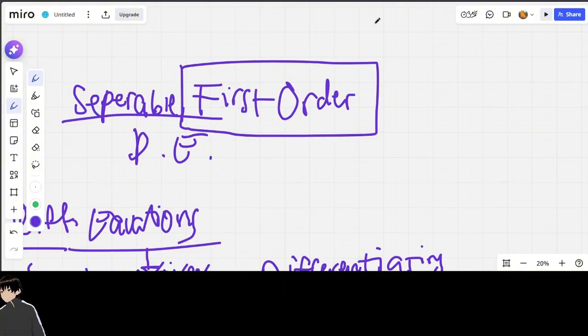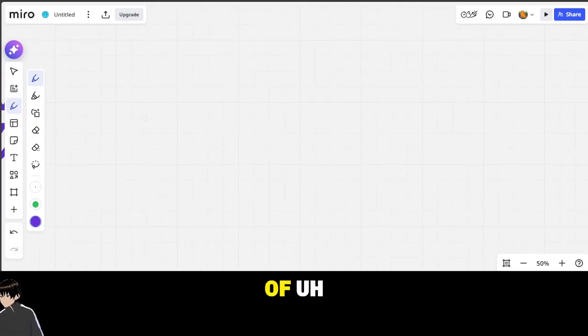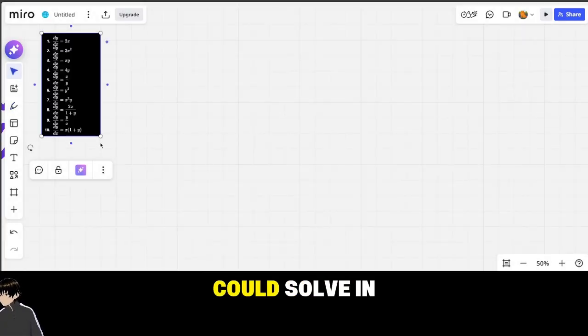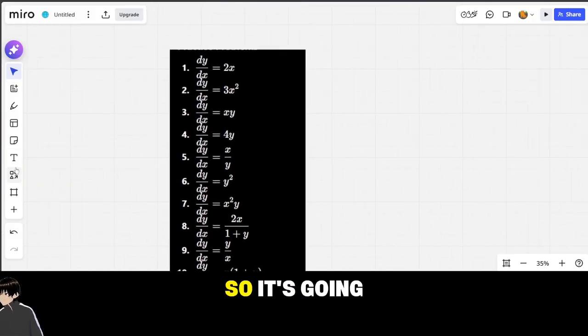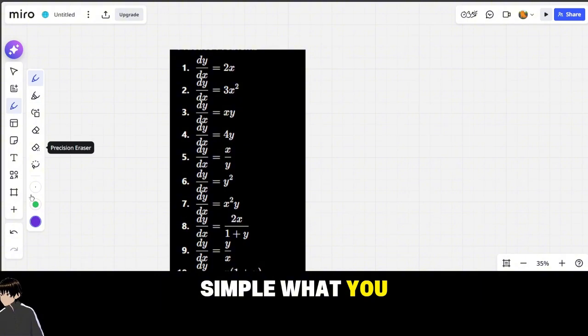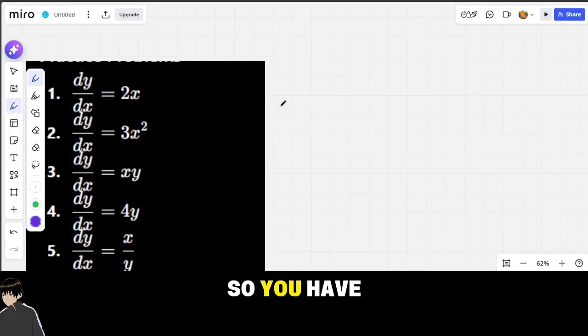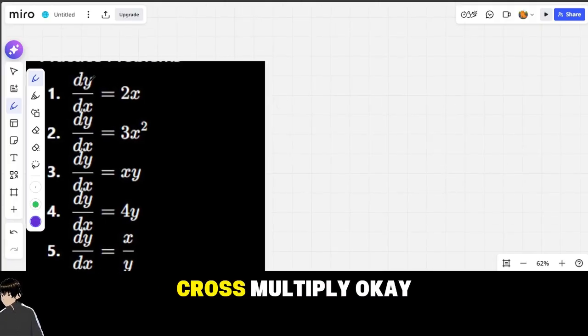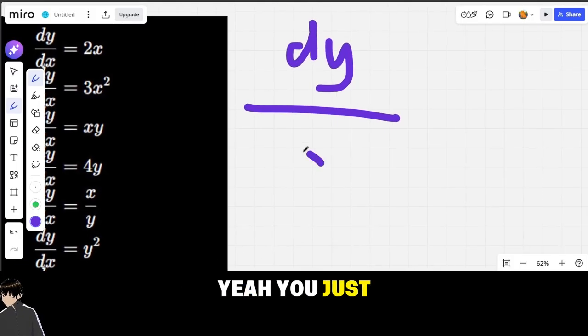So we're just going to leave it as separable first order differential equations, and I have here a couple of problems that we could solve in order for us to grasp how it works. It's going to be very simple. The only thing that you need to do is sort of cross multiply. Yeah, you just have to cross multiply.